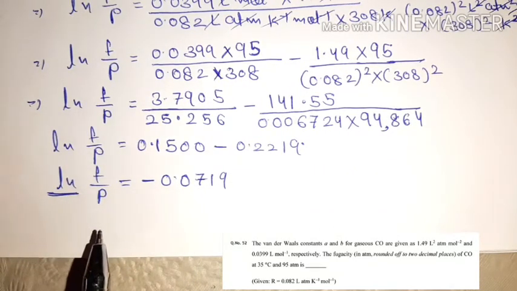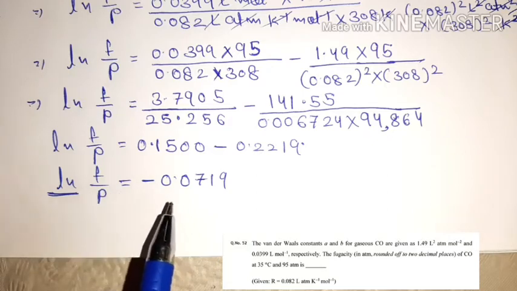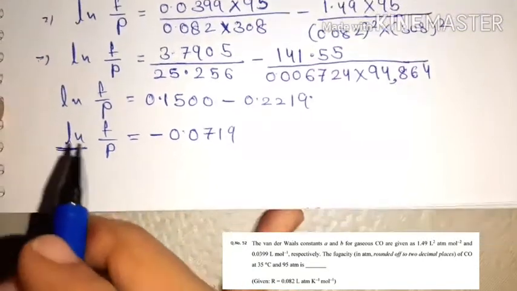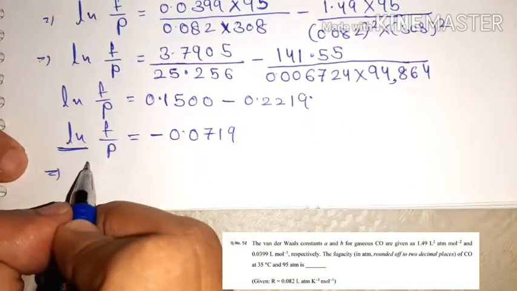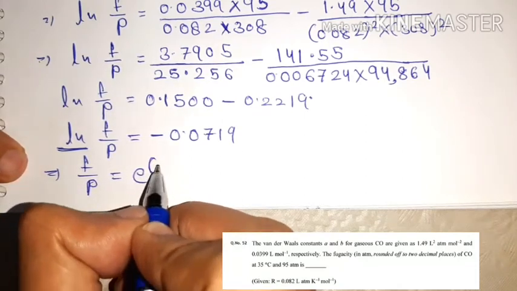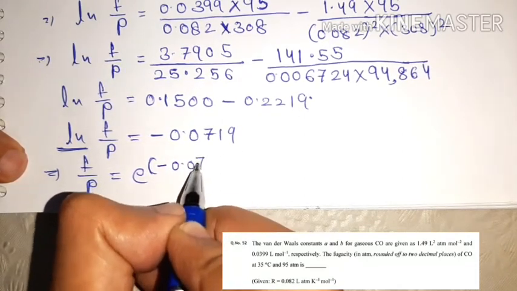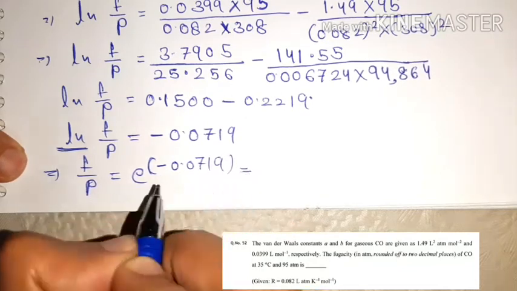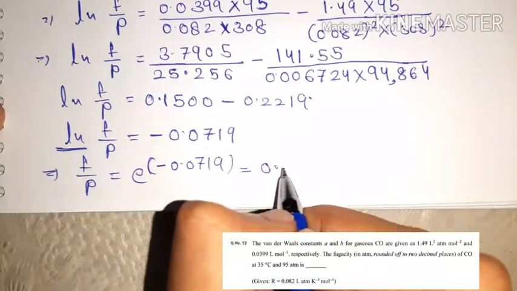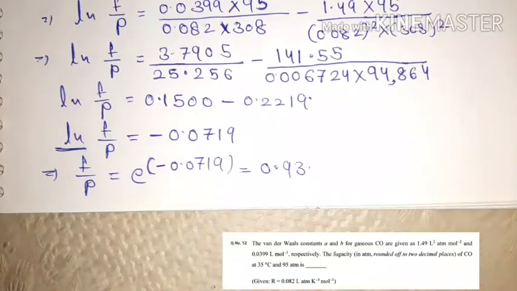So when you convert natural log, it will be in e to the power. So your value of F by P is e to the power minus 0.0719, and e to the power minus 0.0719 is 0.93.